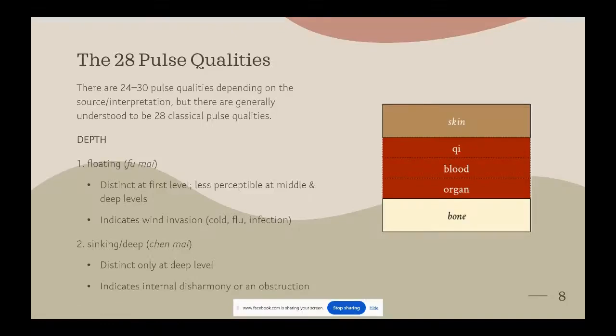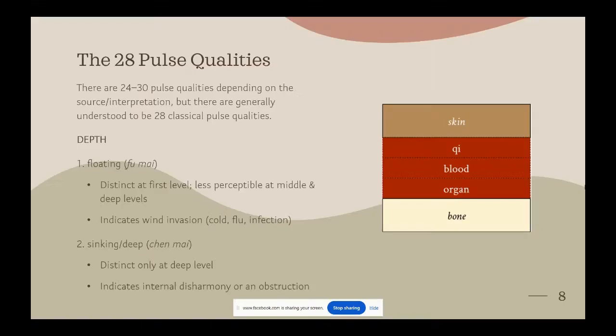So the floating pulse is a pulse where it is distinct at the superficial level, so the chi level, and less perceptible at the blood and organ levels. And this on its own indicates what's called a wind invasion, so an external pathogen coming in, and you will usually feel this on the lung pulse if that's the case.